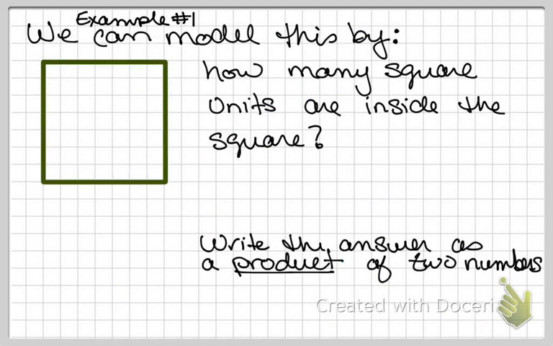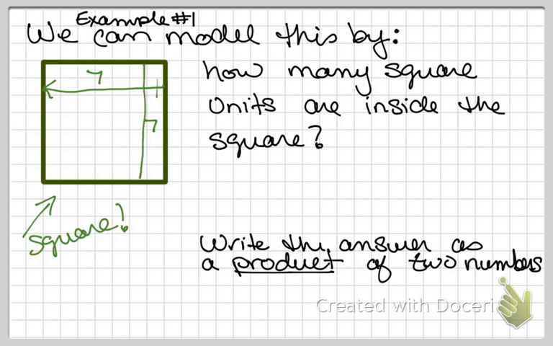Okay, let's look at another example. We can model this idea of a square number by just taking a look at a square. In this square, there are 1, 2, 3, 4, 5, 6, 7 units across the top. And if we count them downwards, I have 1, 2, 3, 4, 5, 6, 7. 7 across the top and 7 down.